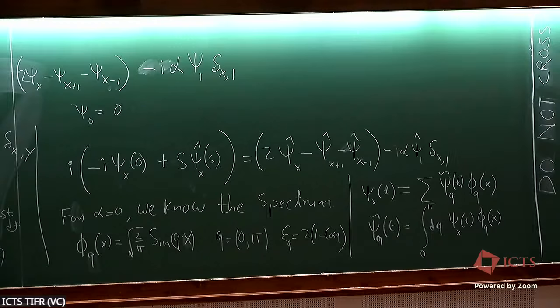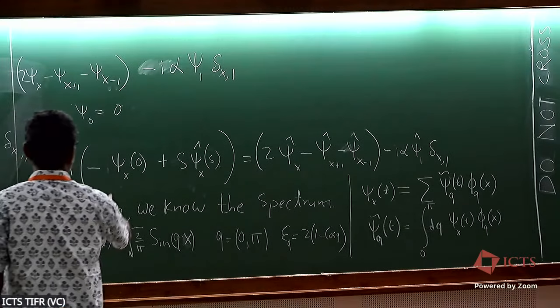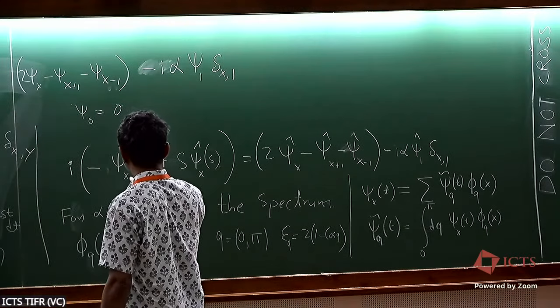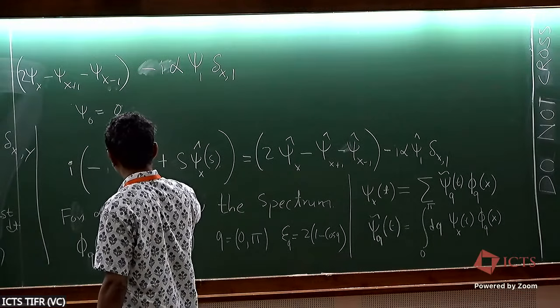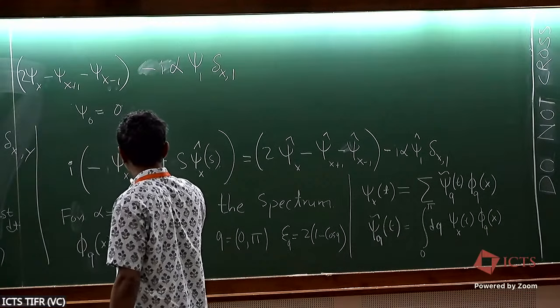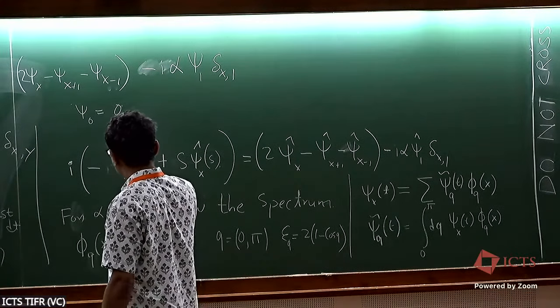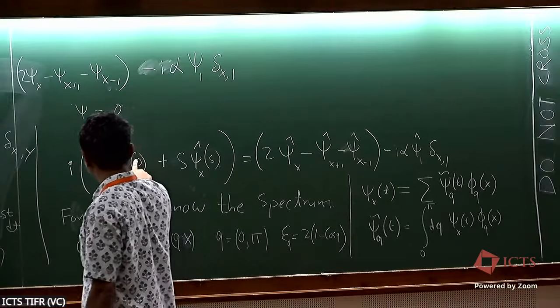Okay, so if we do that, the first term will be, when we take the Fourier transform, this is time 0, and this is space. So we'll get phi psi hat q at 0.